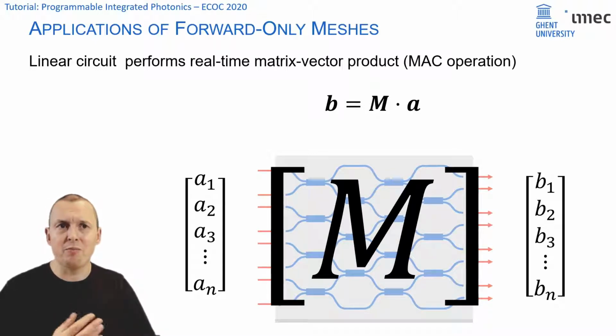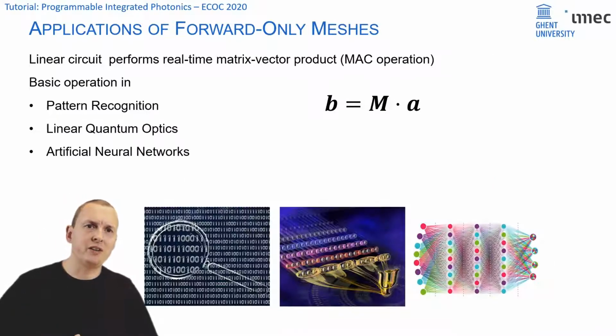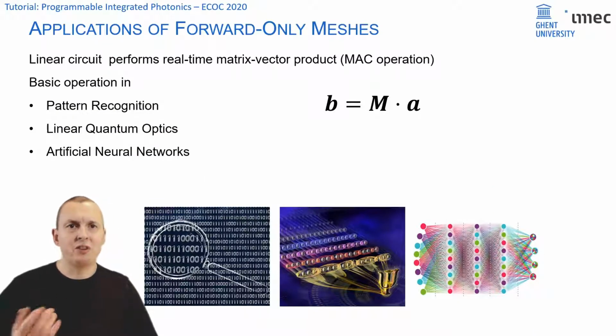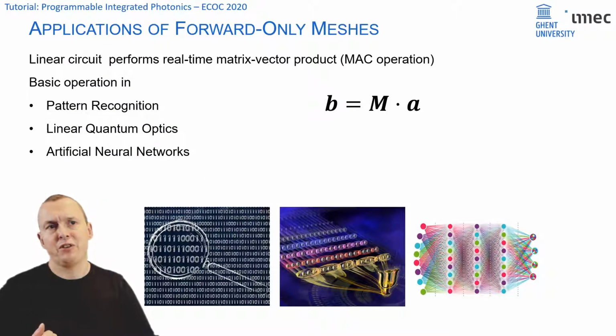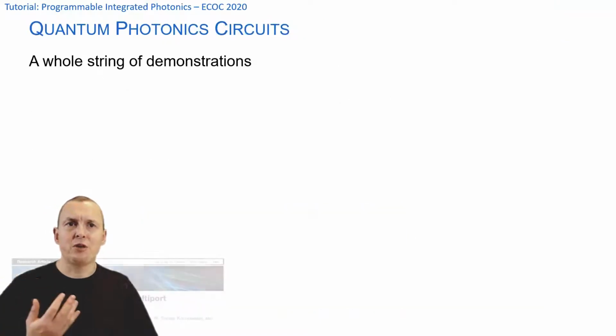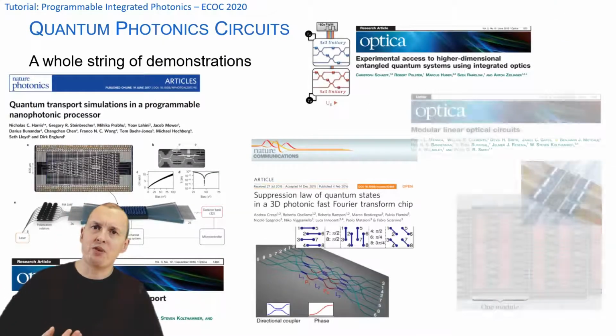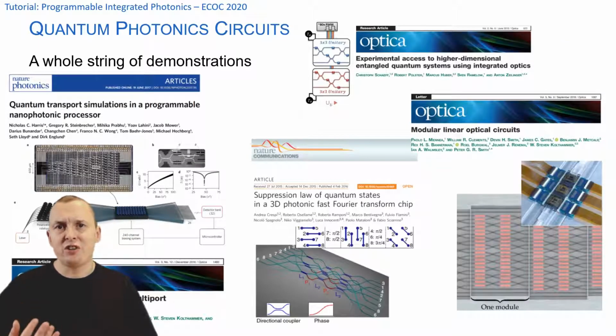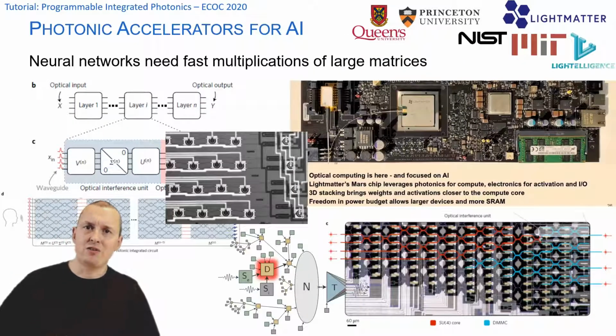And these kinds of matrix vector products or multiply accumulate operations are used a lot for pattern recognition algorithms, for quantum optics, and for artificial neural networks. And that's why over the past couple of years we've seen quite a lot of papers demonstrating these circuits in quantum optics, but also in accelerators for artificial intelligence.